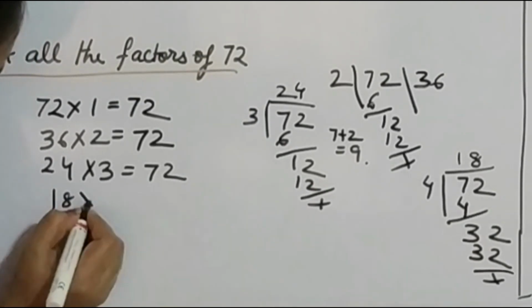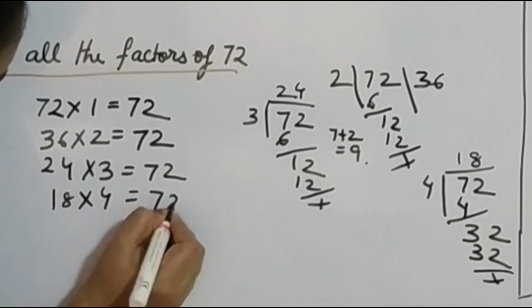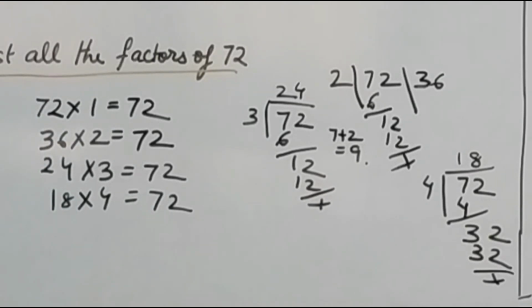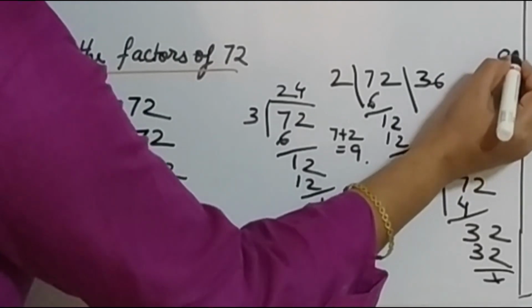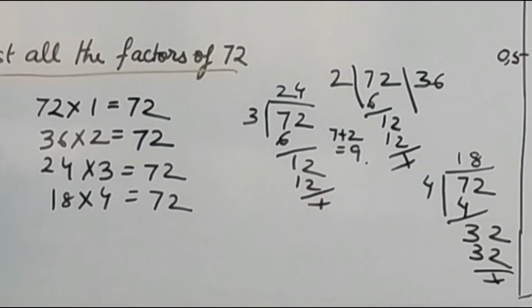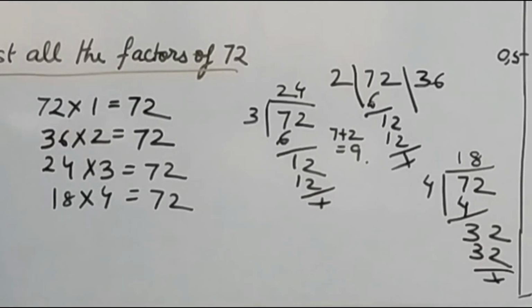So 18 into 4 equals 72. Let's see whether it is divisible by 5. It will not be divisible by 5 because a number can be divided by 5 only if its last digit is 0 or 5. But here there is neither 0 nor 5. So it is not divisible by 5.